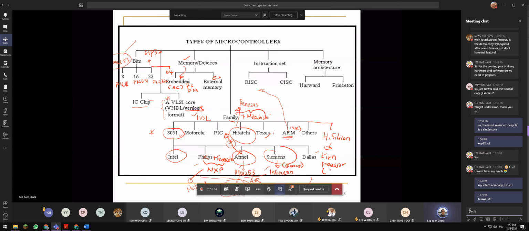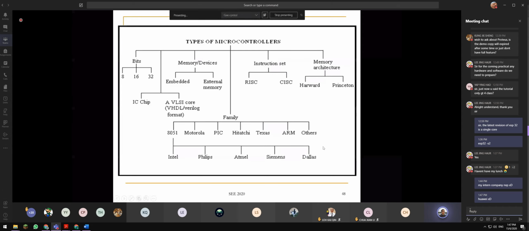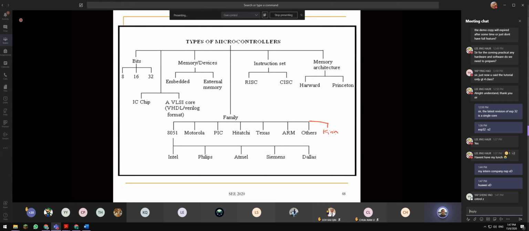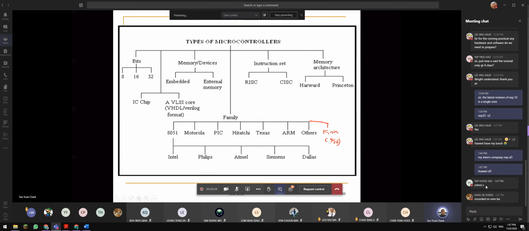The latest one is 990, if I'm not mistaken. So it's a Kirin microprocessor. All this information you can get from the internet. No worry, it's just a sharing section.